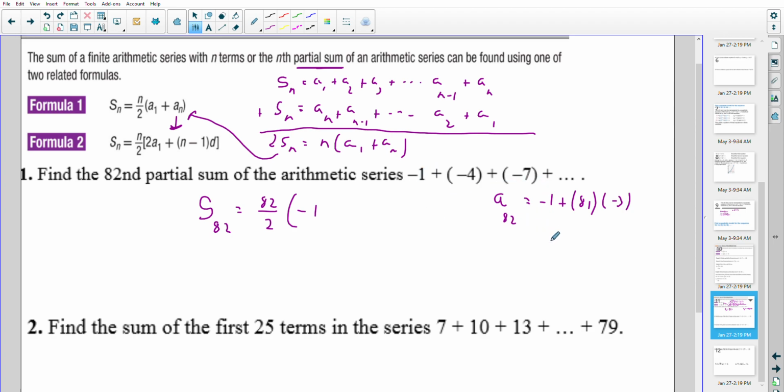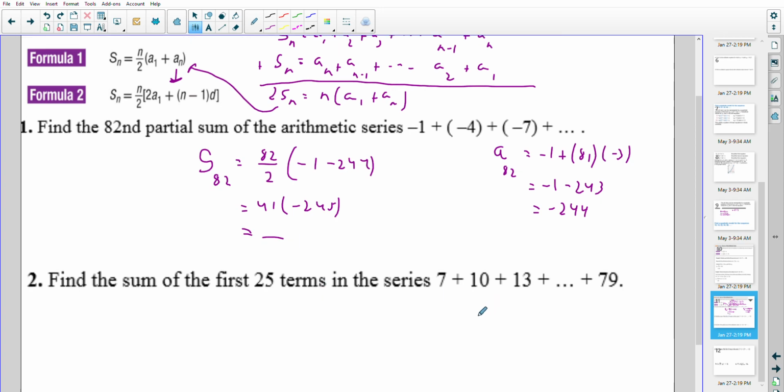I'm decreasing by 3 on each of those. So it's negative 1 minus 243, which means that the 82nd term is negative 244. So that's going to be 1 minus 244, or plus a negative 244, which means that this is going to be 41 times negative 243, and the sum would equal that answer.